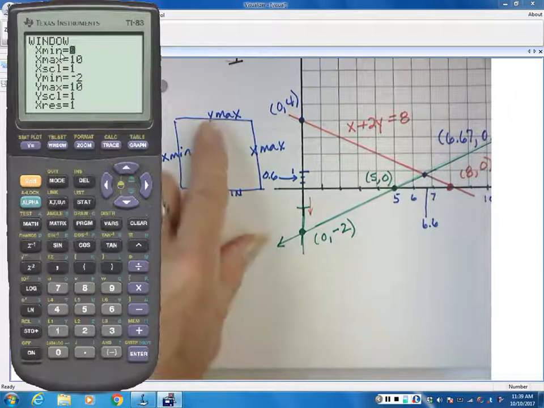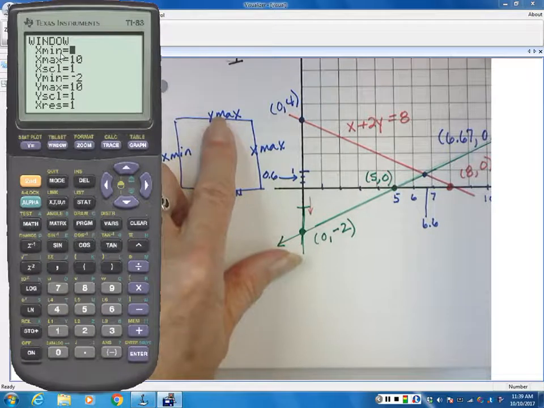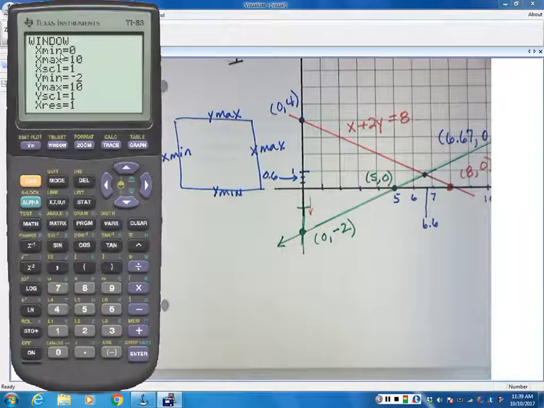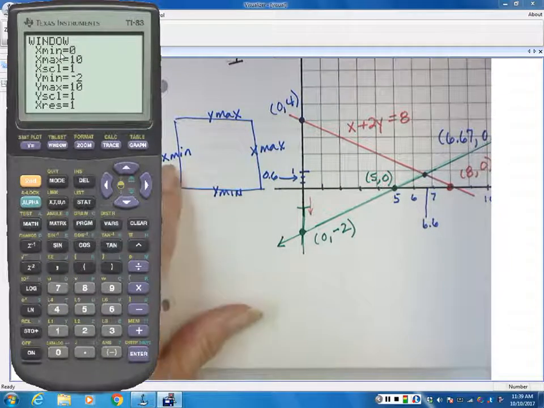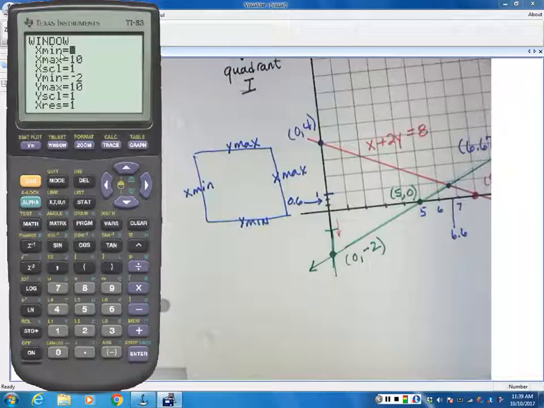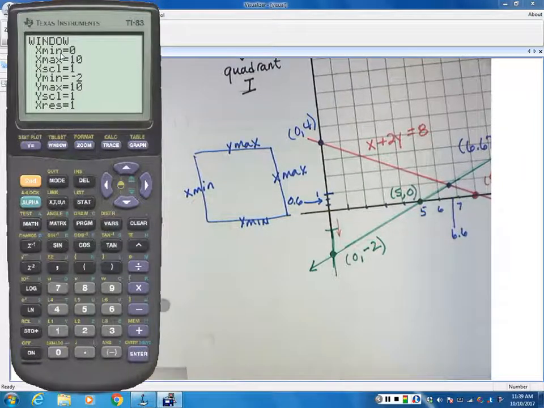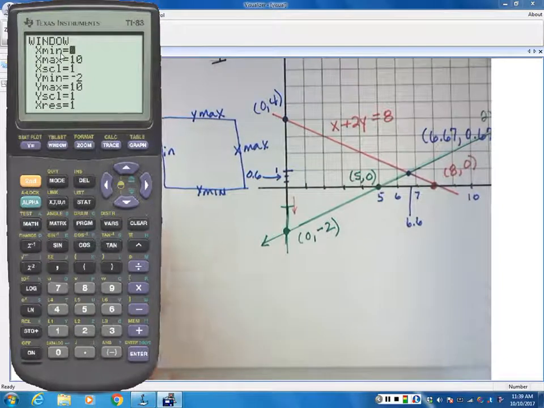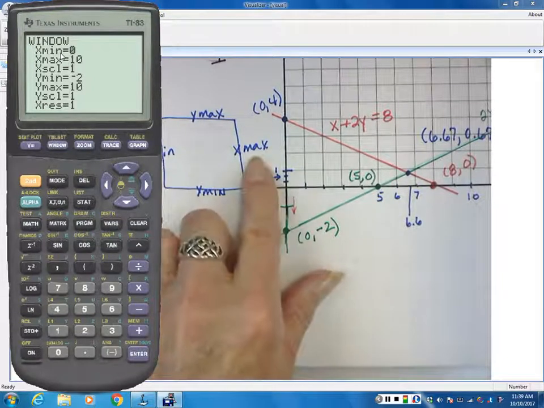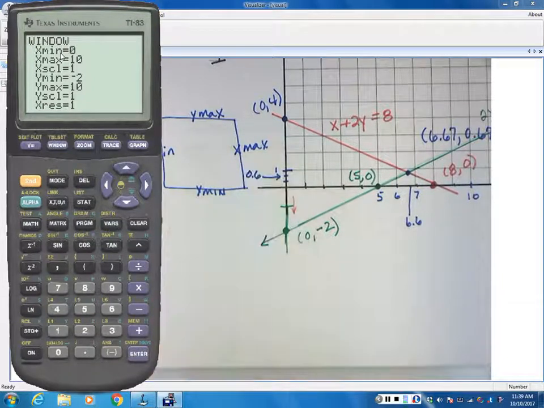If you can't see the top of your graph, you're going to have to raise the ceiling. That's Y-max. If you can't see something because it's further to the left, then you need to adjust X-min more negative. And if you need to see something further to the right, then you need to adjust X-max.